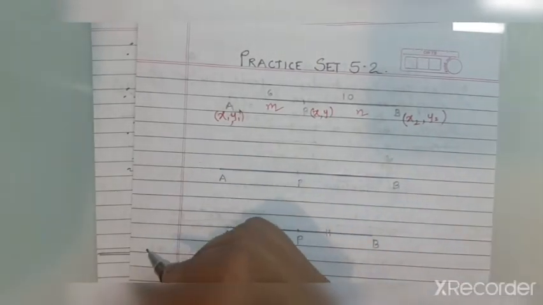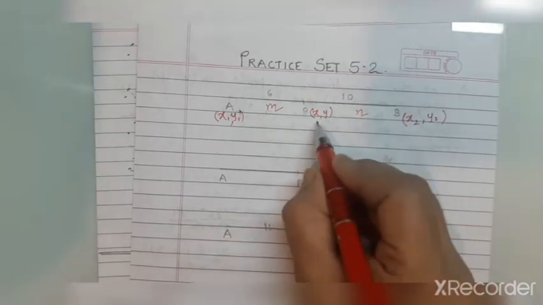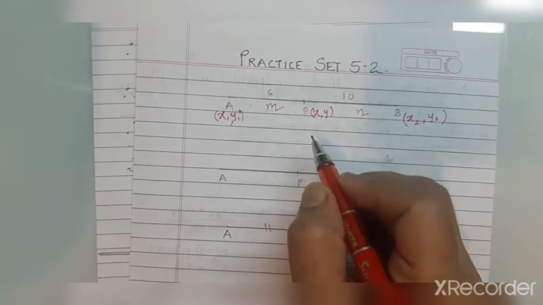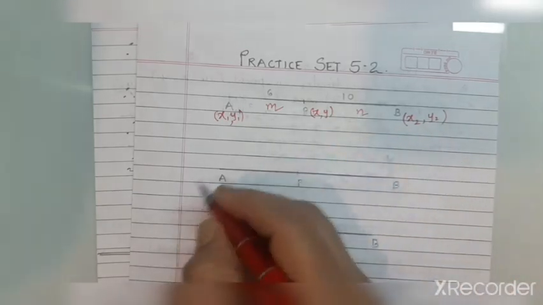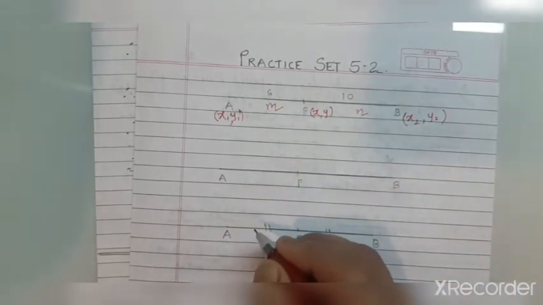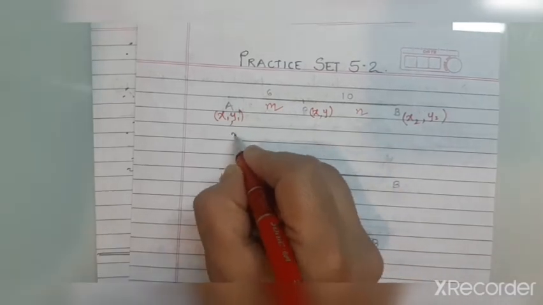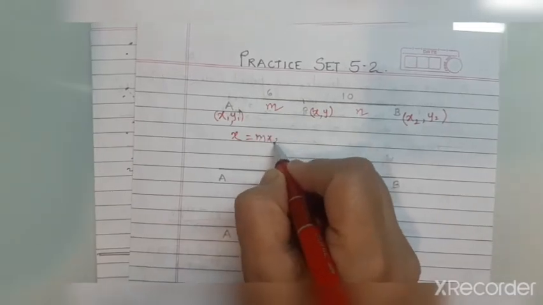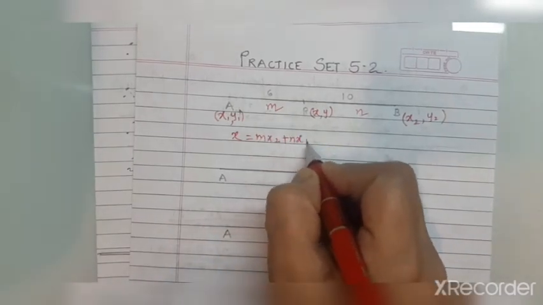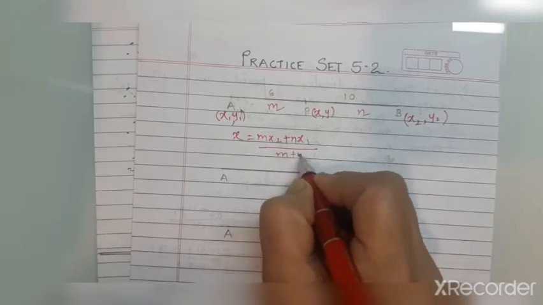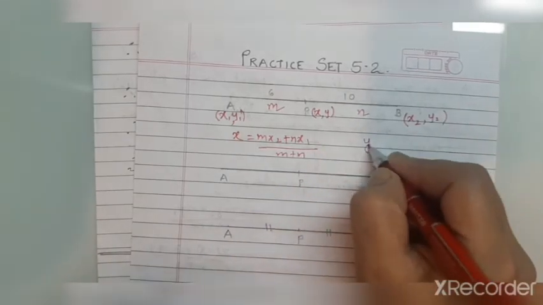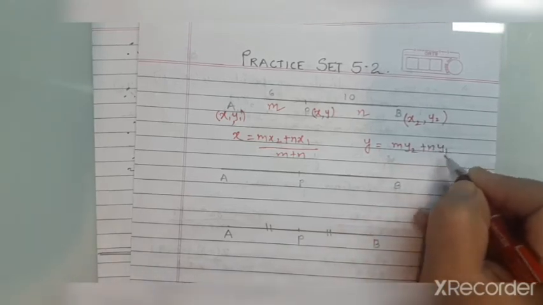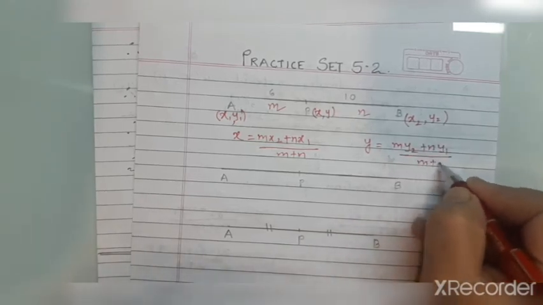Then, according to the section formula, the coordinates of this point are given as: x is mx2 plus nx1 upon m plus n. And the y coordinate is my2 plus ny1 upon m plus n.